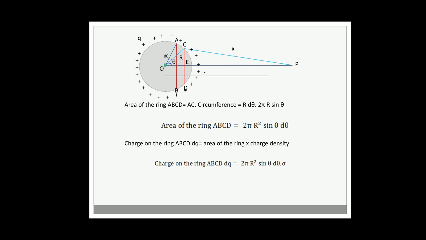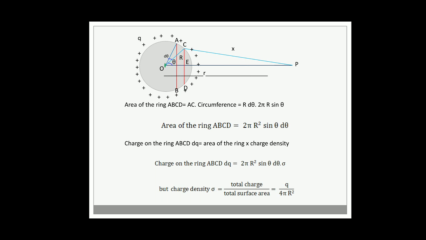But how much is the surface charge density? Surface charge density is defined as charge per unit surface area. So sigma is equal to the total charge q by the total surface area 4 pi R square, where 4 pi R square is the surface area of the whole sphere.